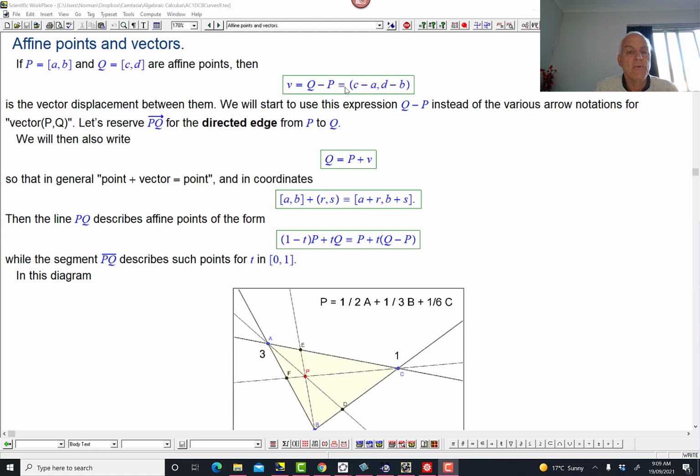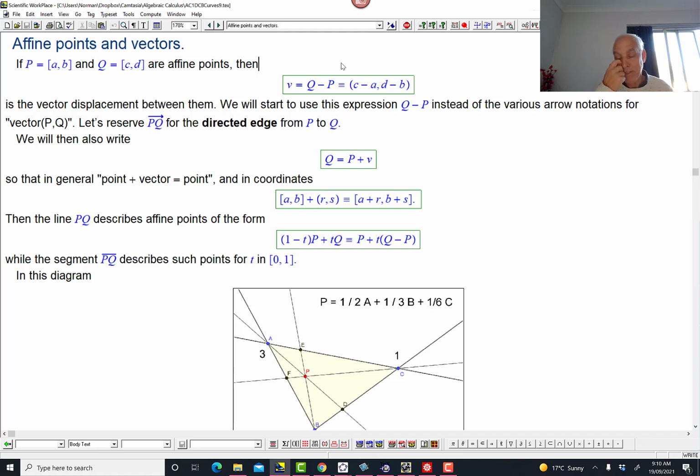We are going to introduce this notation for it. We're going to just refer to that vector as the difference q minus p. Note very carefully, it is not the case that we're assuming a prior arithmetic of affine points.